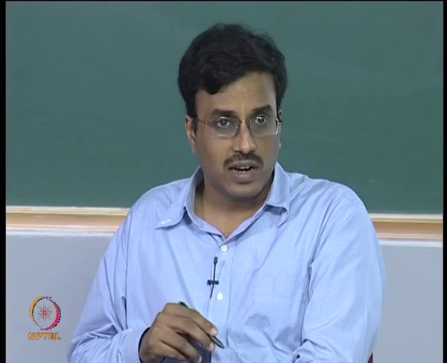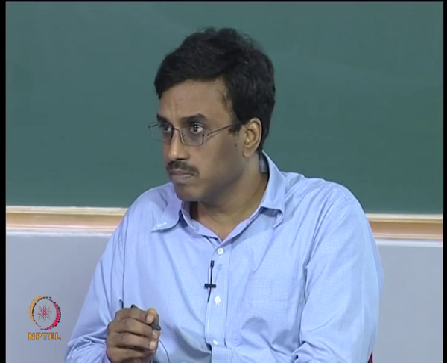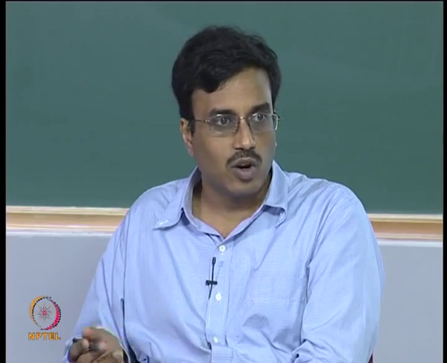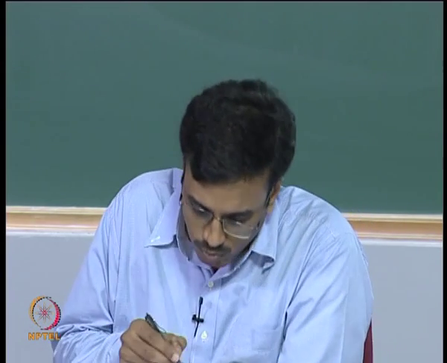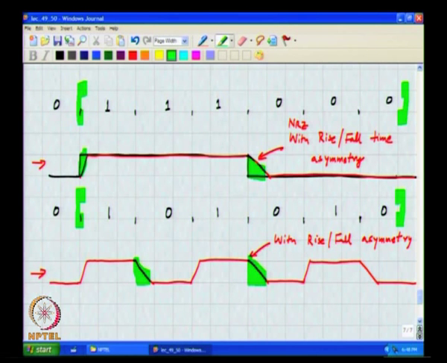However, because the rise and fall times are not the same, these areas are not compensated. So, if you have more falling edge and rising edge pairs in a given amount of time, you keep accumulating that error, right.